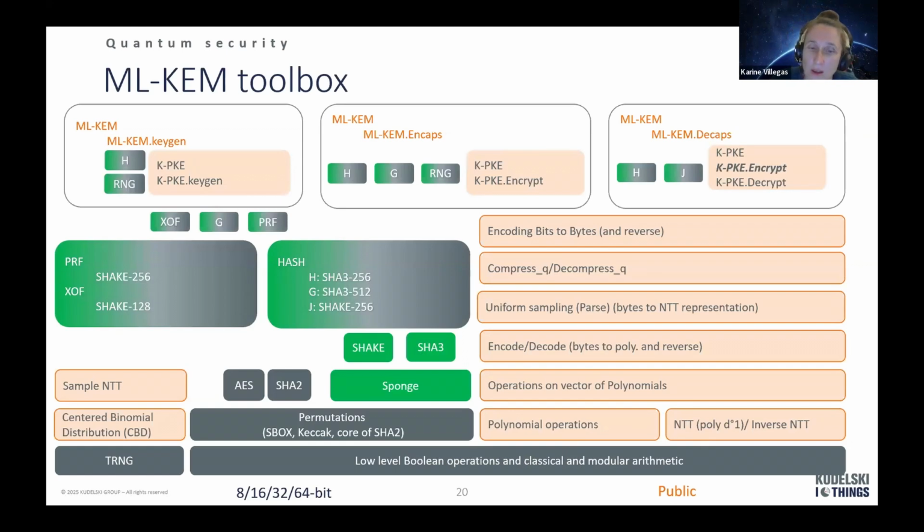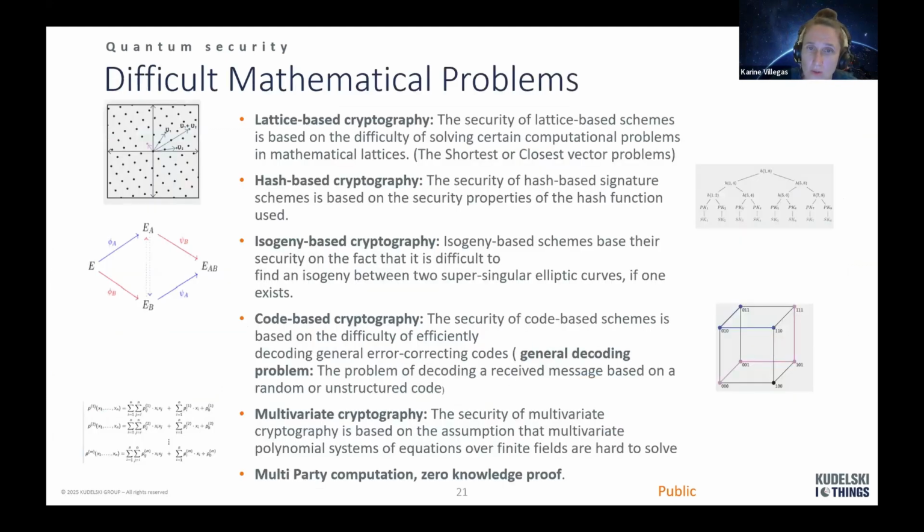And if we consider all the proposals that have been published in the NIST competition and in the future new signature call, we have many difficult problems. We have the lattice one that we have just seen with MLKEM. We have hash-based signatures that are quite sensitive to fault attacks.